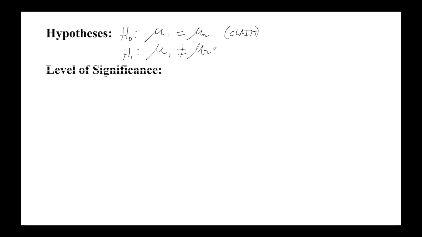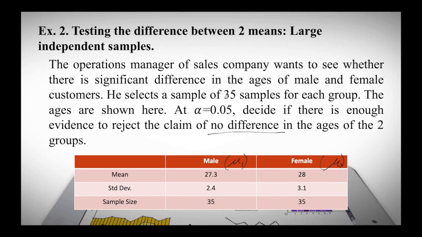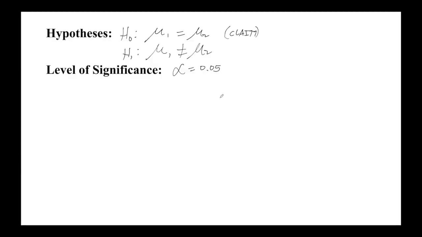Okay, so next, we have the level of significance given by the problem. Our level of significance is 0.05. And the critical value, guys, I hope you have your table because I don't have the table in this PowerPoint presentation.